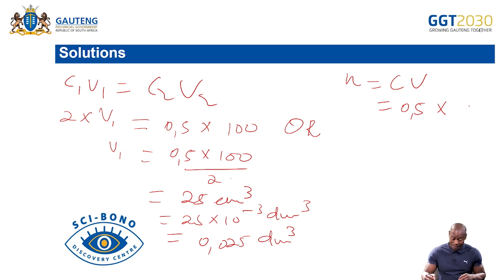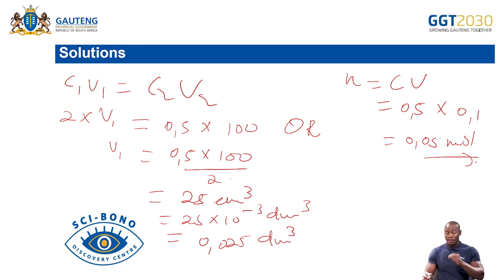But now you need to be careful. You need to change that volume in cubic centimeters to cubic decimeters, which is 100 divided by 1000, 0.1. So 0.5 times 0.1 is 0.05 mole. These are the number of moles after dilution.